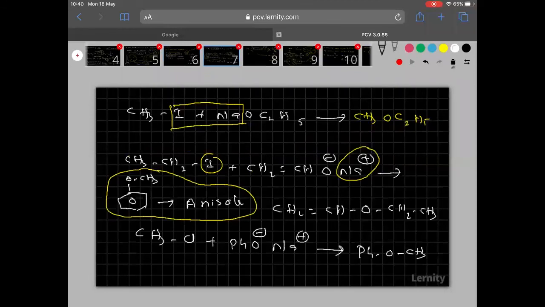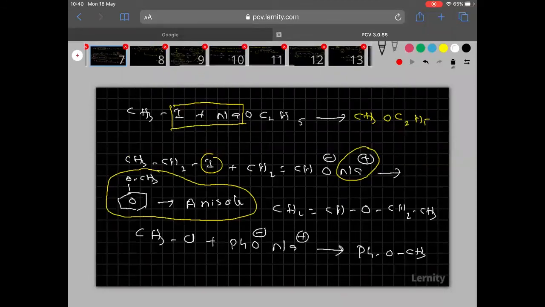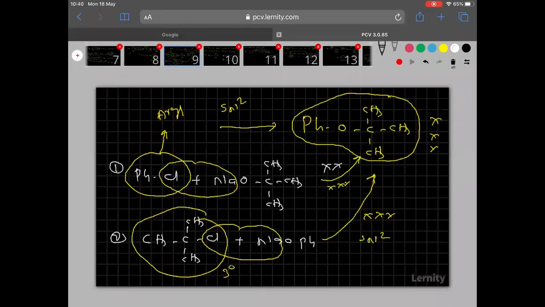Then after this one, if you take tertiary alkyl halide, you will get alkene. Next, aryl, vinyl, and tertiary substrates never undergo SN2 mechanism, and they do not participate in Williamson. Then here I listed 3 ethers that cannot be prepared.